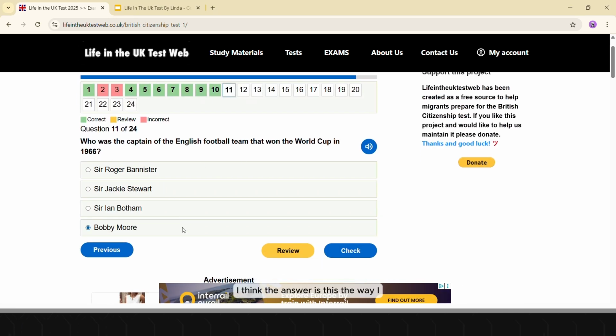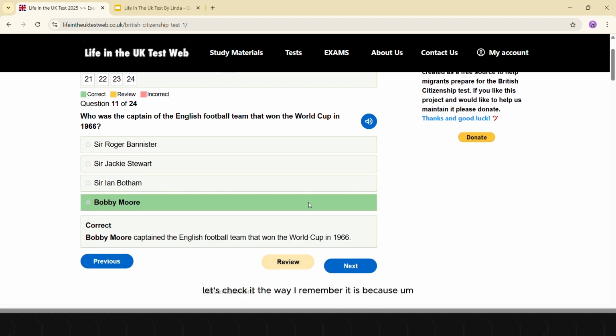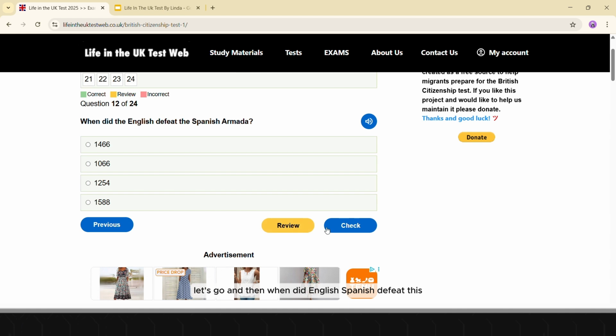I think the answer is this. Let's check it. The way I remember it is because these are two doubles, and then this is also the same, and then this is also the same. I did not put anything in my brain, just double, double, double. Simple as ABC. Let's go.